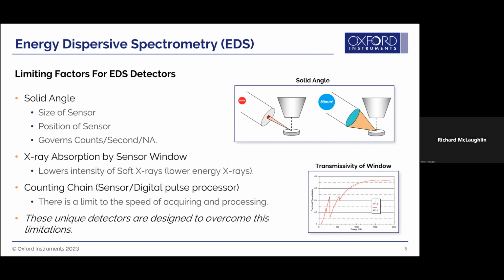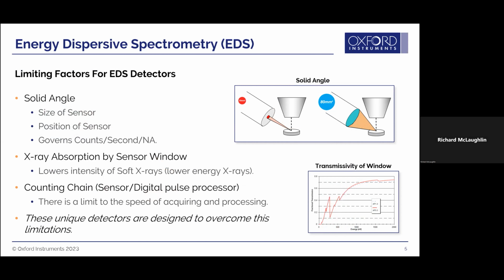Another important factor in how many X-rays you can actually collect is the sensor window. A standard detector has a window, with the sensor in a vacuum. That window is very thin, but it is a barrier to X-rays, essentially the lower energy X-rays, or soft X-rays. In the lower right-hand corner, we've got a plot of the absorption or transmissivity of X-rays through that window.